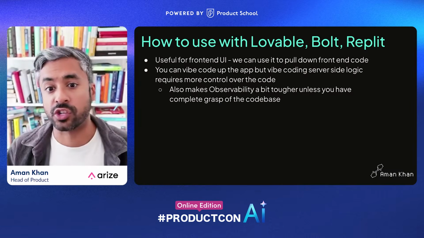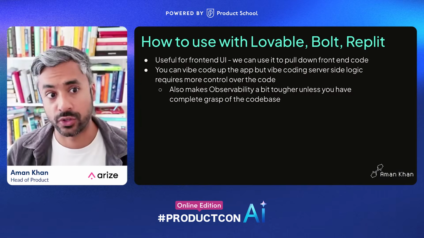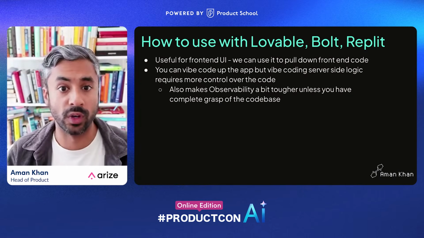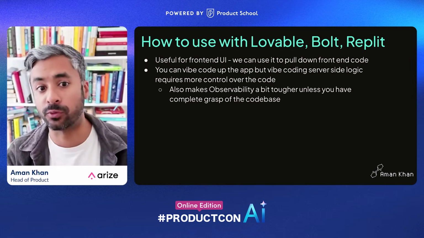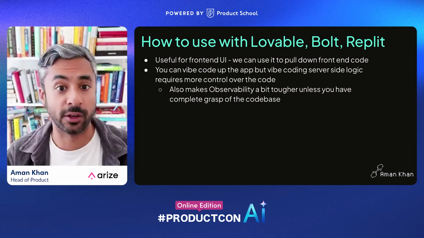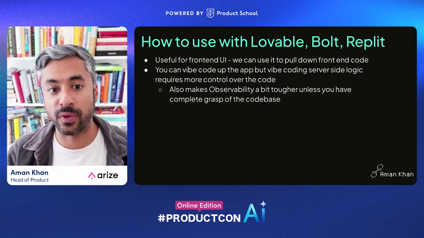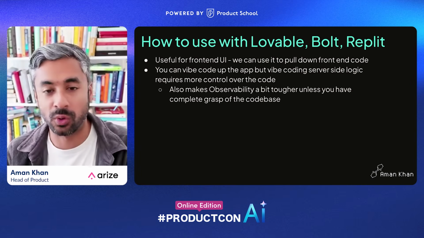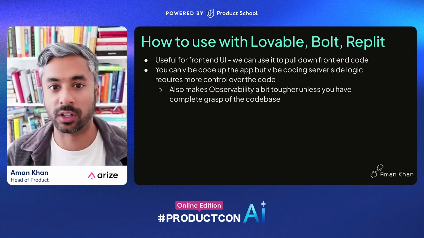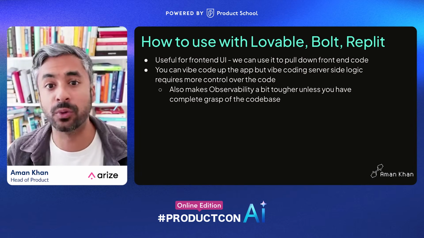Another really common question that we get when we're showing how to use Cursor is how to use Cursor with Lovable, Bolt, and Replit. And the best part is that those workflows are really powerful for generating UI, like pulling down front end code. And that allows you to vibe code the app. But at the end of the day, if you want more control over the server, that's really where Cursor is going to be helpful. It's going to help you add observability.